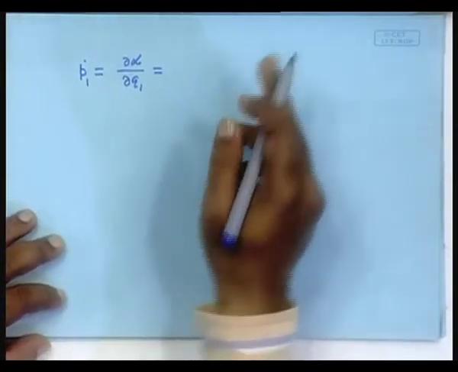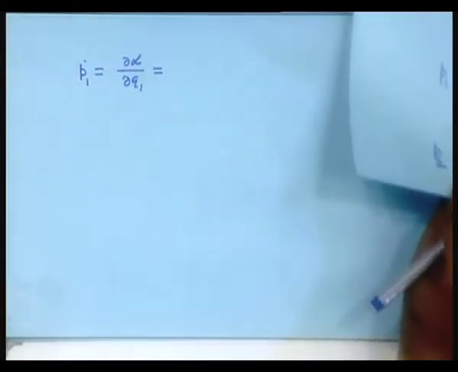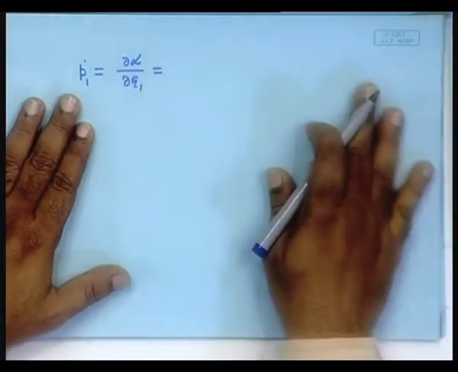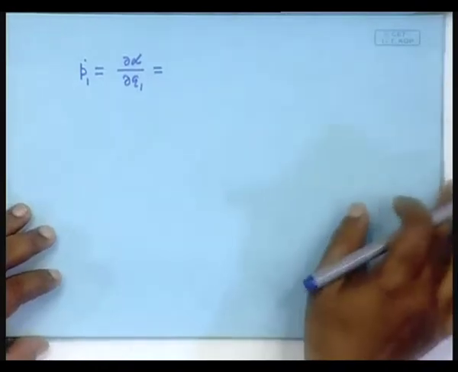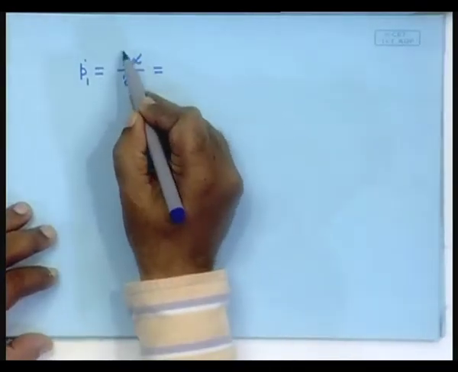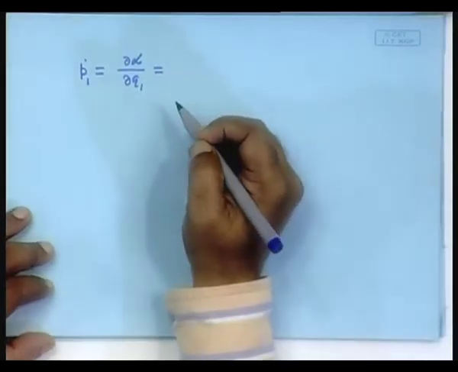Now, it has to be done such that in the right hand side, things are expressed in undotted terms, without the dots. So, just keep that in mind. Here we have already written down the derivative of the Lagrangian with respect to q 1, so write it in the right hand side.